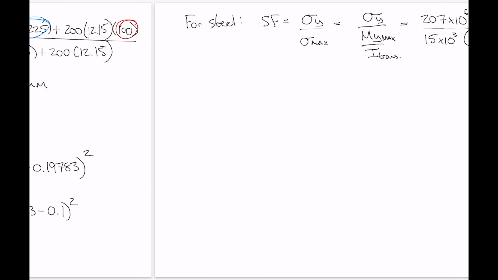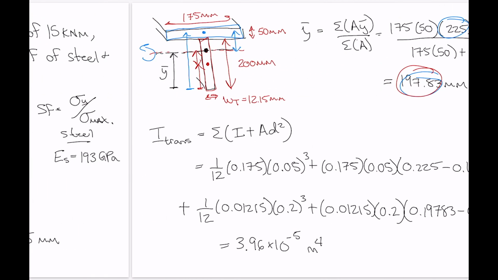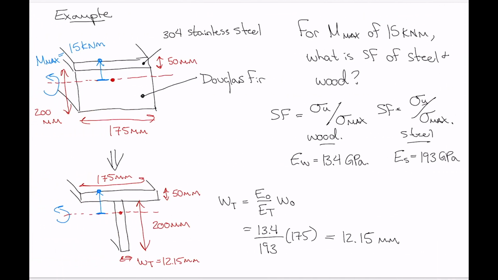So I'll just flip back to the other page for a second here. So we're going all the way from the neutral axis of bending to the farthest point in the steel that we can go. So that's going to be given to us by what? This is the overall centroid location.